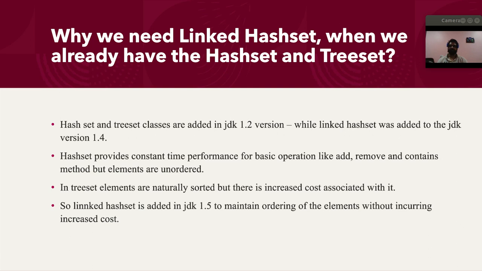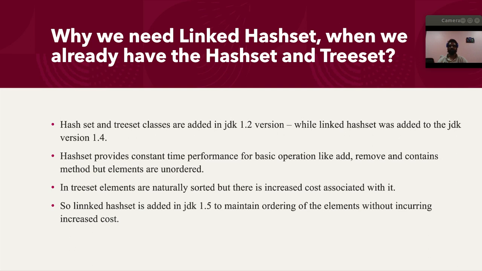In a tree set, elements are naturally sorted, but there is an increased cost associated with it. In a tree set, we can get the elements in sorted order, right? But it increases the performance cost. So the linked hash set is added in JDK 1.5 to maintain the order of the elements without the increased cost.